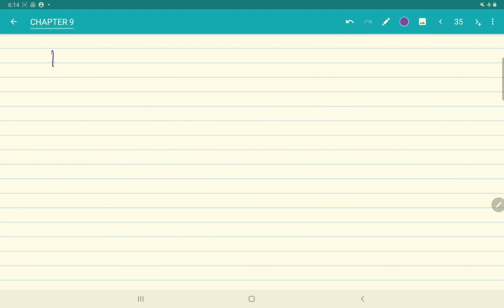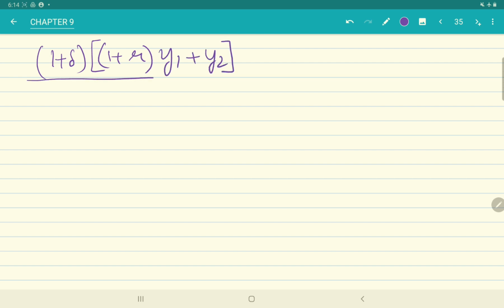It is (1 plus delta)(1 plus r)(y1 plus y2) divided by (2 plus delta)(1 plus r).